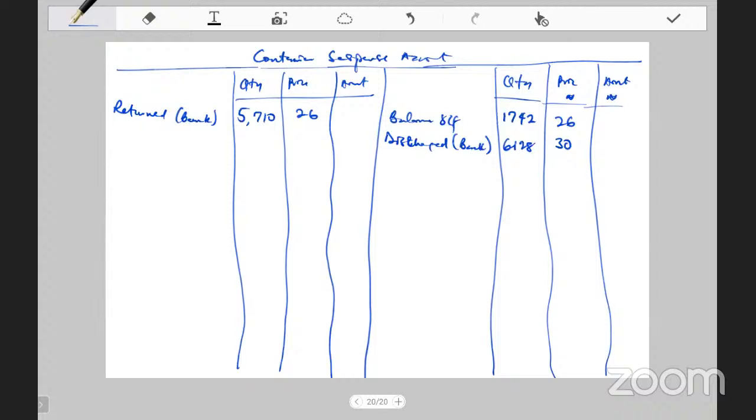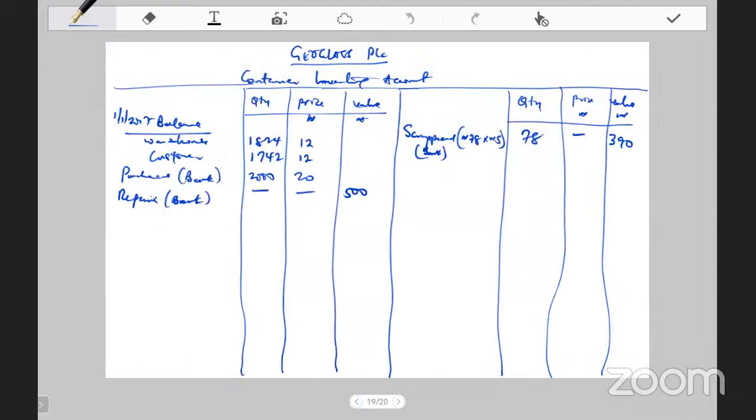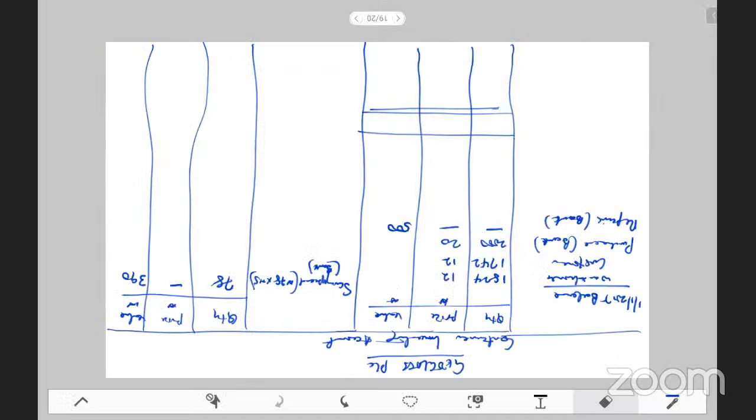On 31st December, the customers declared closing inventory of 2,054 cartons. So that means the amount still in the hands of the customer that they've not returned, the balance that is yet to be returned.